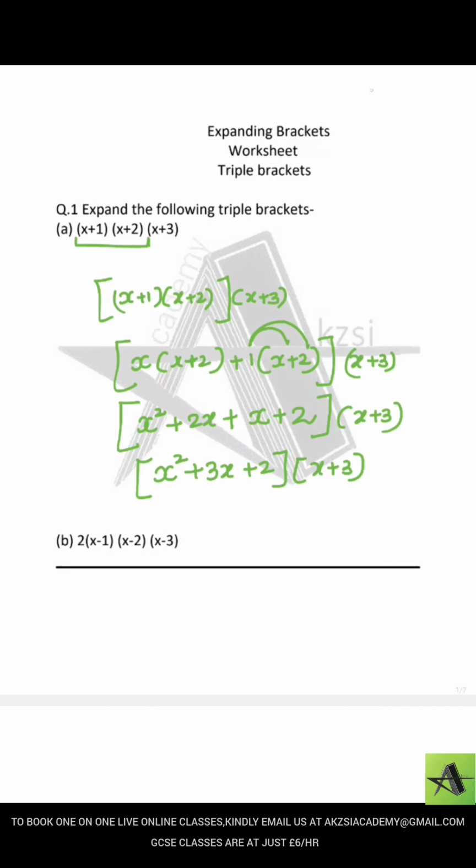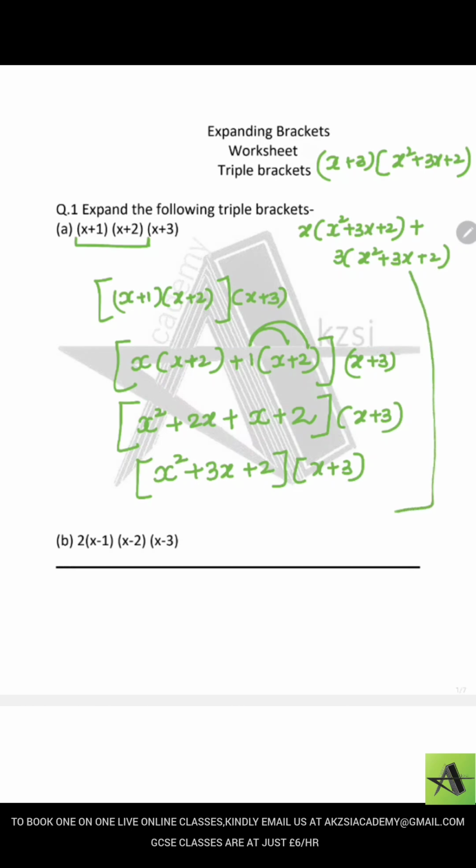We can write it like this. I'm writing it up there, x plus 3. I have just rearranged it, x squared plus 3x plus 2. Now x times x squared plus 3x plus 2 plus 3 times x squared plus 3x plus 2.